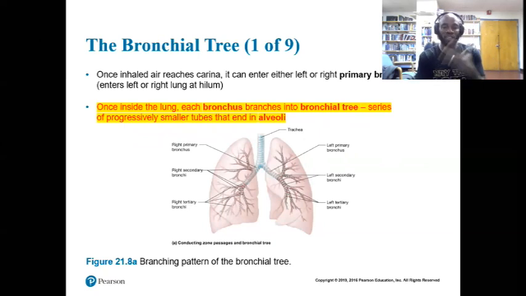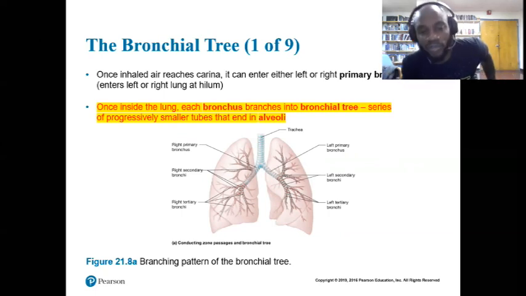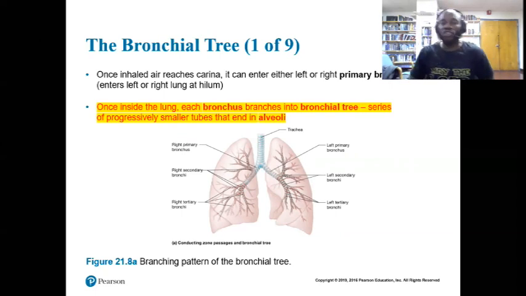When we breathe in through the nose or the mouth, through the pharynx, the larynx, the trachea, that air could go to either the left or the right. It's once we get past the carina, the end of the trachea, that air is split, and some of that air goes to the left and some goes to the right lung.